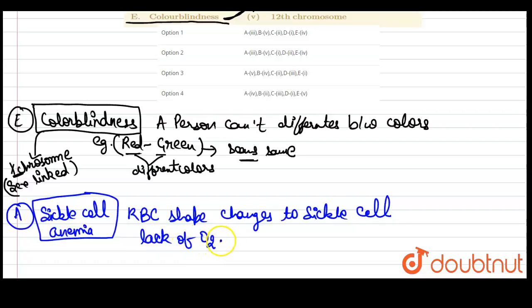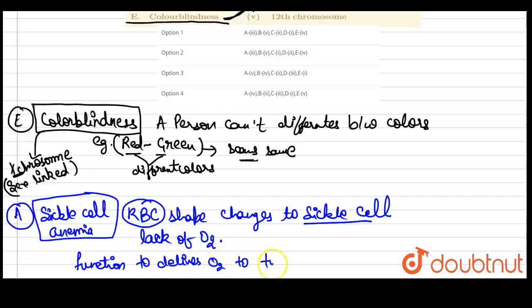RBCs have the function of delivering O2 to tissues. Now there is a lack of O2, so for maximum delivery of O2 to tissues, its shape is changed to sickle like.